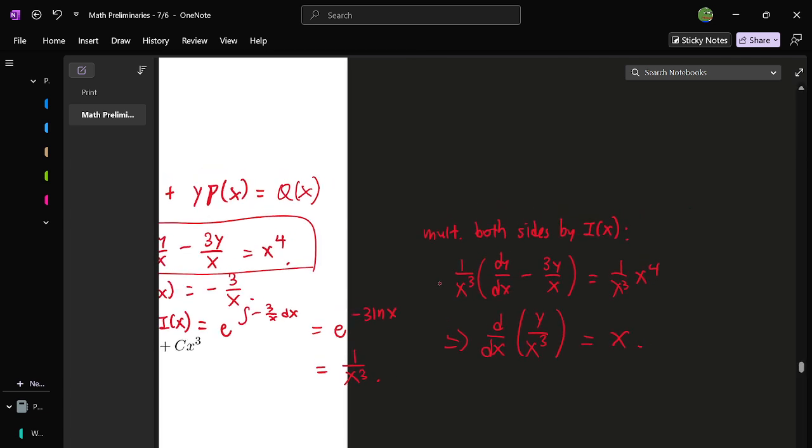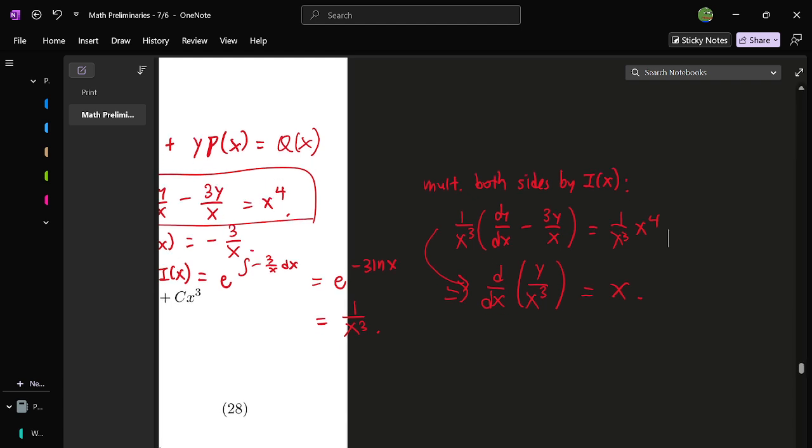now, like what I mentioned earlier, you could have jumped from this step to this step instantly. And if you're unconvinced by this, you can work out the derivative here manually, using some product rule and then some chain rule, and you realize that these are equivalent. So once you have this, again, it becomes a normal separation of variables thing.